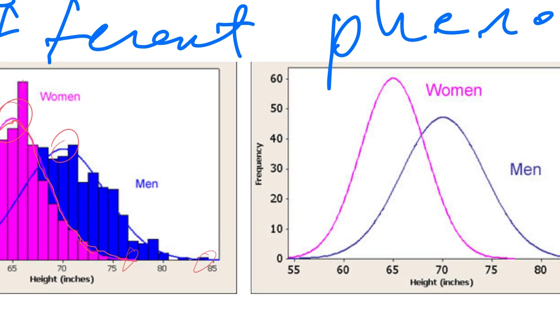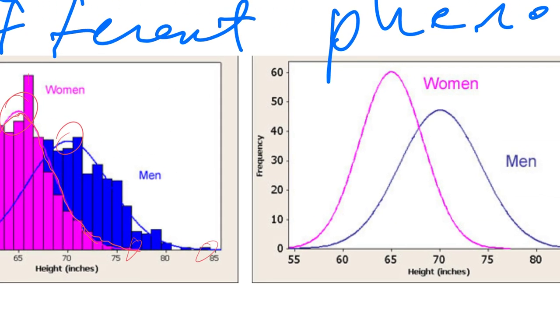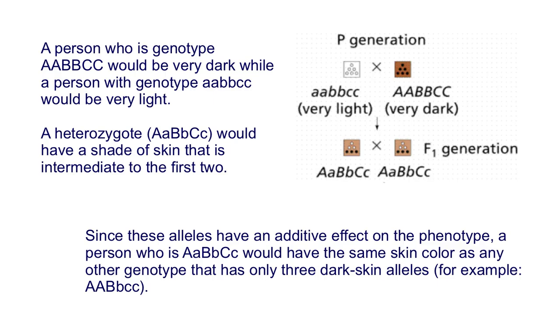Okay, but so if we go to the next, this is just showing us that each of these 3 skin color genes has a, it's like codominance, but they say incomplete dominance, whatever.